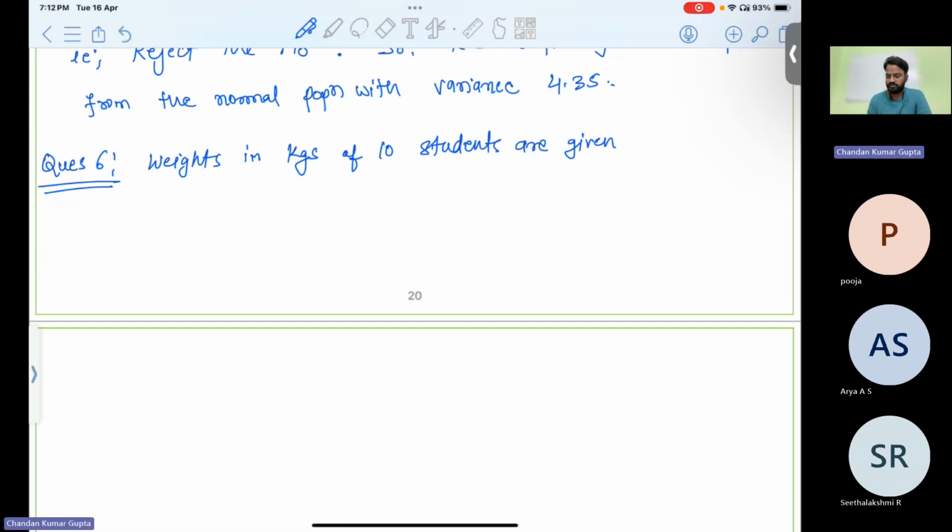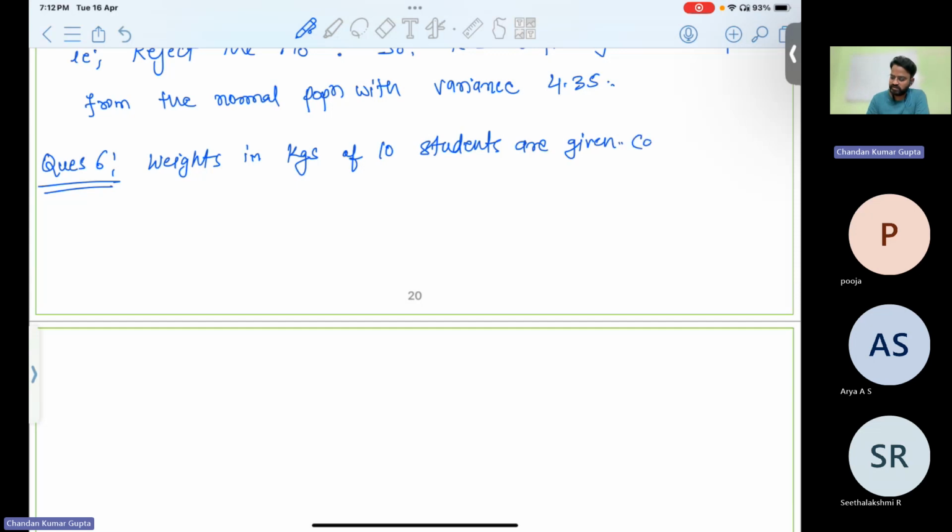We will write in tabular form later. Now the question is, can you say that the variance of the distribution of weights of all the students from which the above sample of 10 students was drawn is equal to 20 kg?